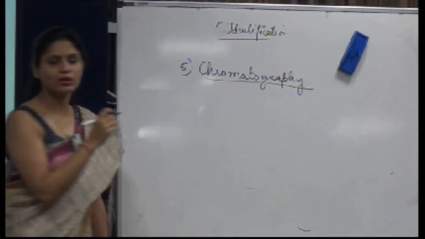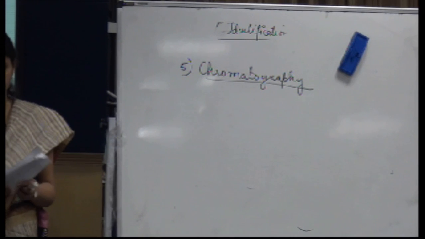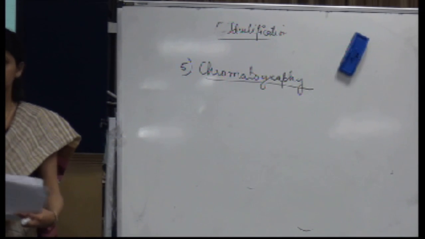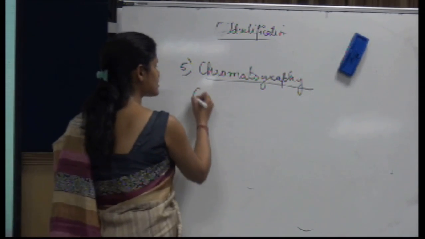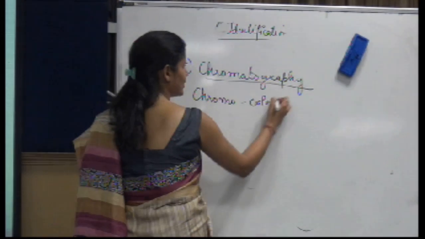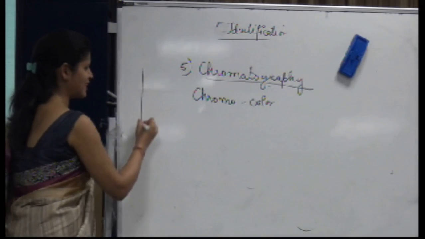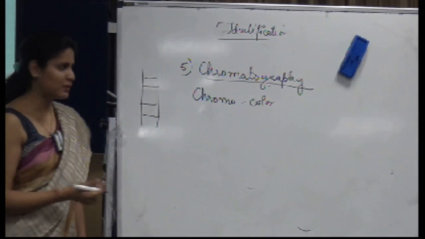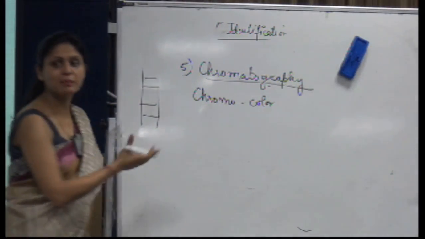What is chromatography? Chromo means color and graphy means, just like you draw different lines on the paper, it is like separation, or you can more vaguely say separation on the basis of color.